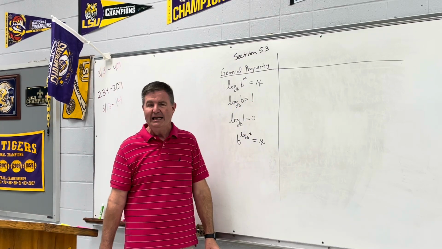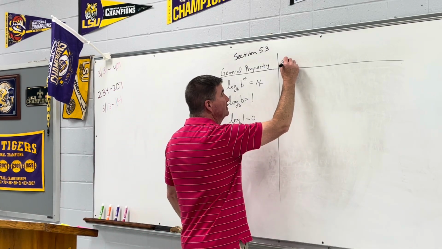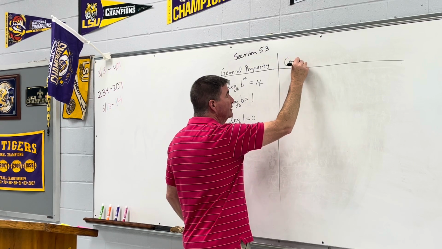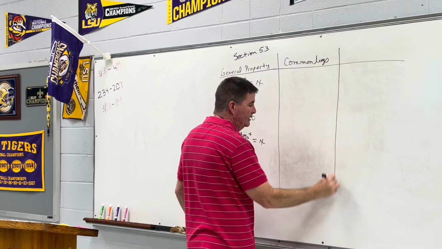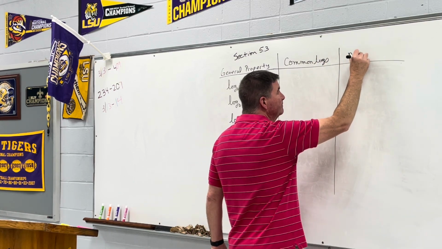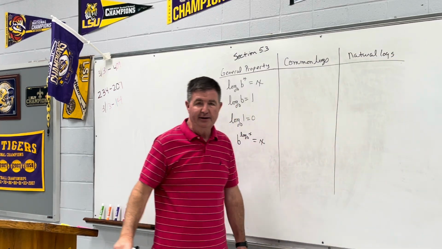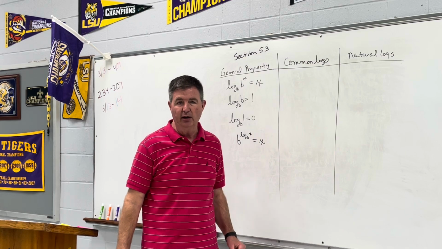Now on the calculator, we have logs. The logs on the calculator are known as common logs and natural logs. If you look on your calculator, you have a button that just says log.